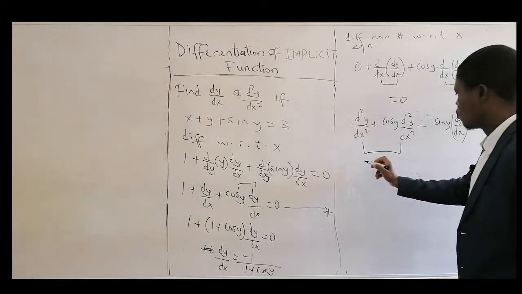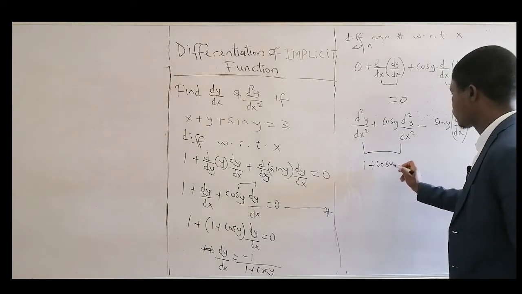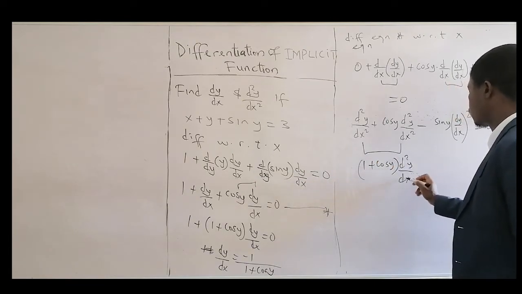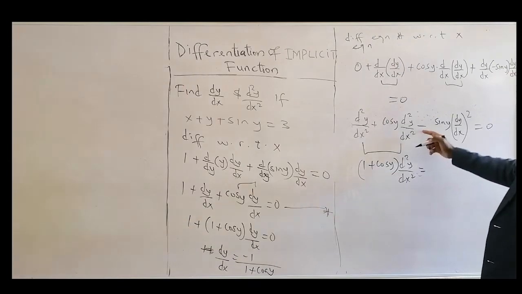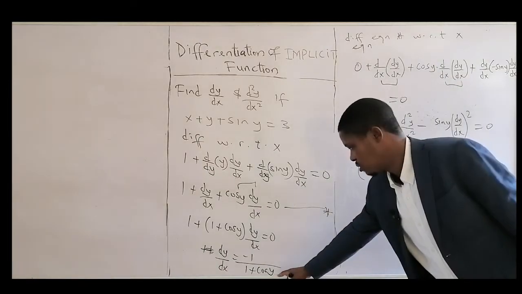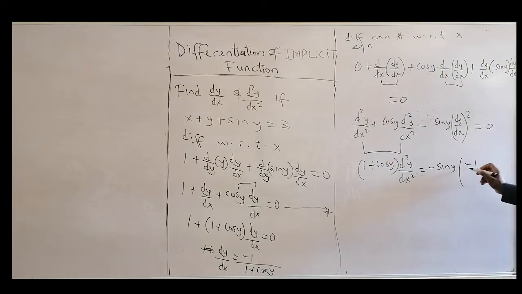And that will be equal to 1 plus cos y, into brackets, the square of dy/dx, equal to... move this one to the other side, which is equal to what? Minus sine y. And don't forget, we already got the dy/dx before, which is this one, minus 1 over 1 plus cos y.